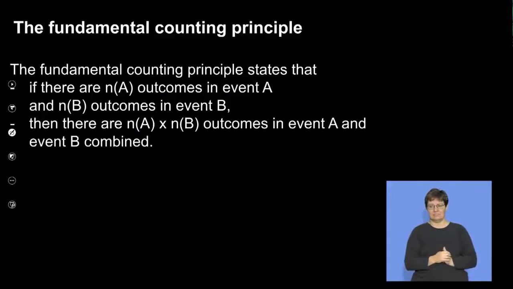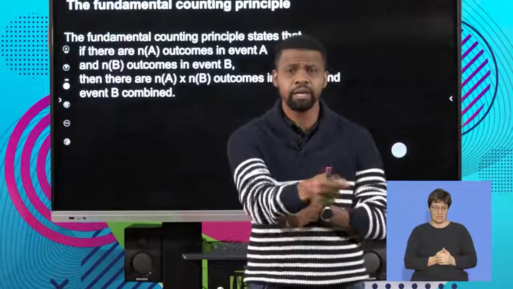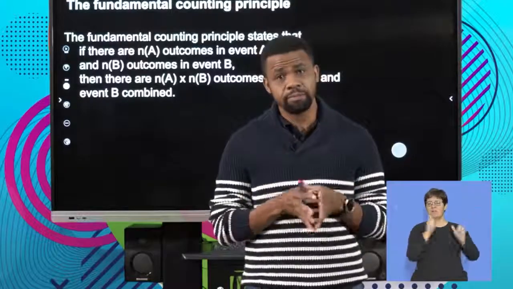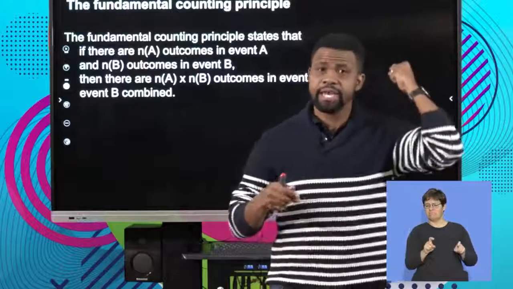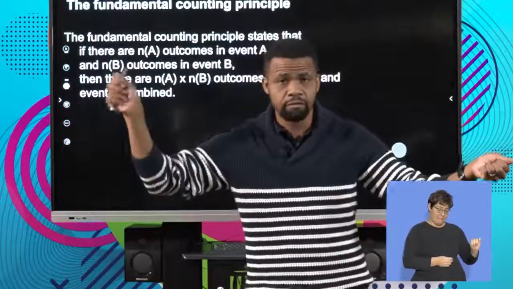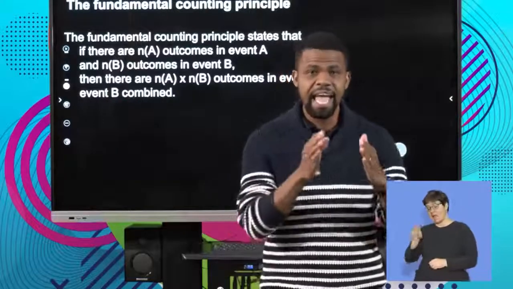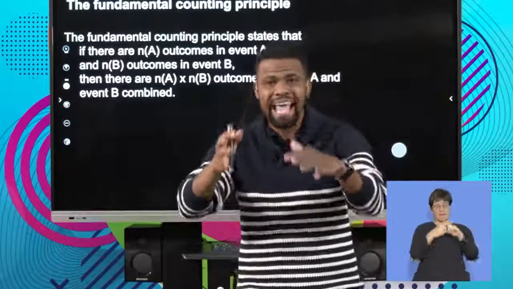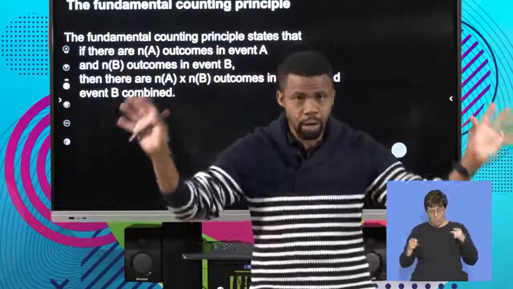Okay, so then from there, we have to remember our fundamental principle of counting. What does the fundamental principle of counting say? If there are M ways of doing something and N ways of doing something else, then there are M multiplied by N ways of doing both together.